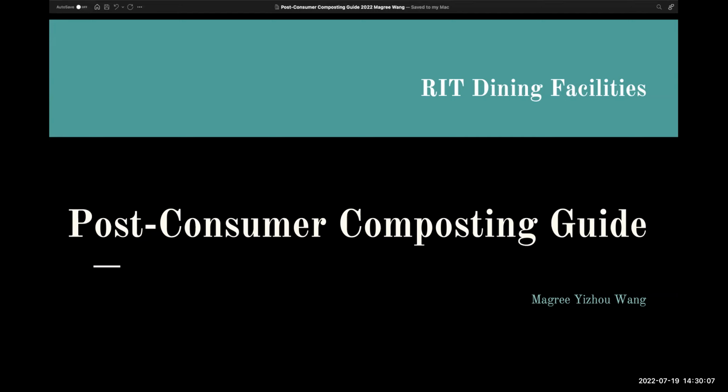So basically for consumers who have had food, so it's not the kitchen back-end stuff that's being studied for this project. Mainly it's focusing on everyday food consumption on campus. And for the purpose of this project, it's only the dining locations that we are looking at.